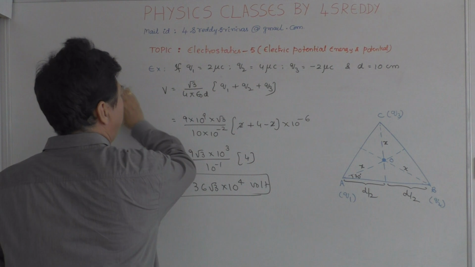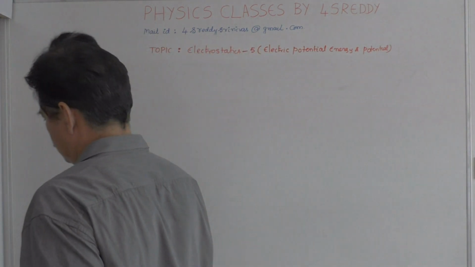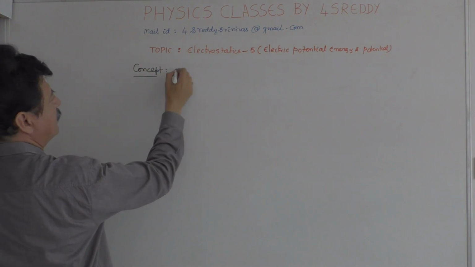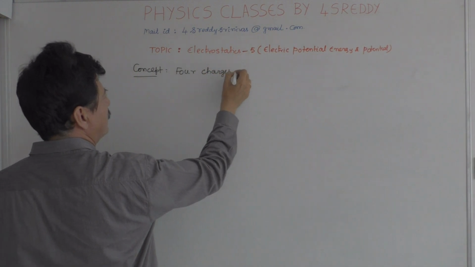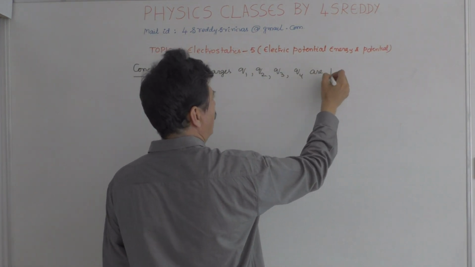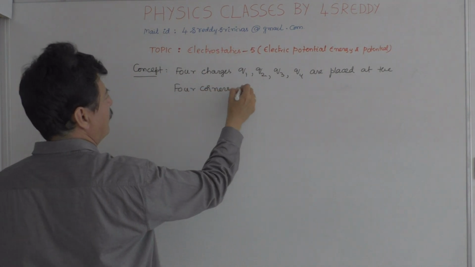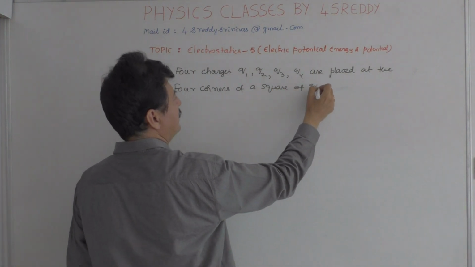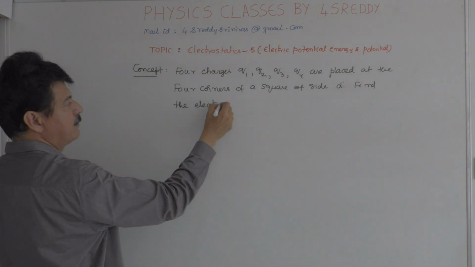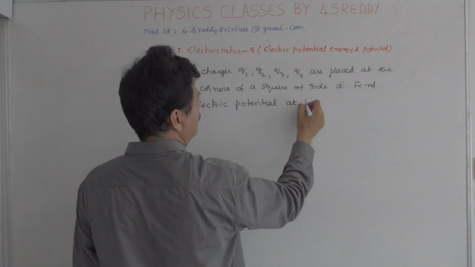And like this also we can do another concept here. 4 charges, Q1, Q2, Q3, Q4 are placed at the 4 corners of a square of side D. Find the electric potential at the center of the square.